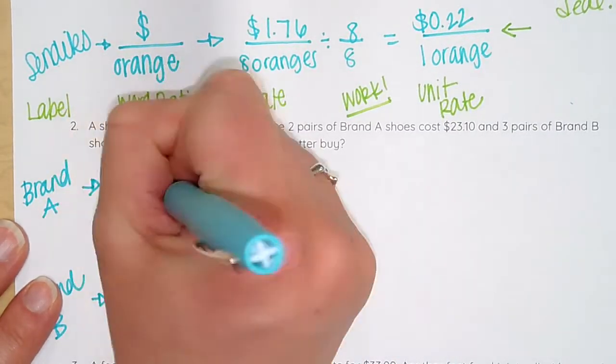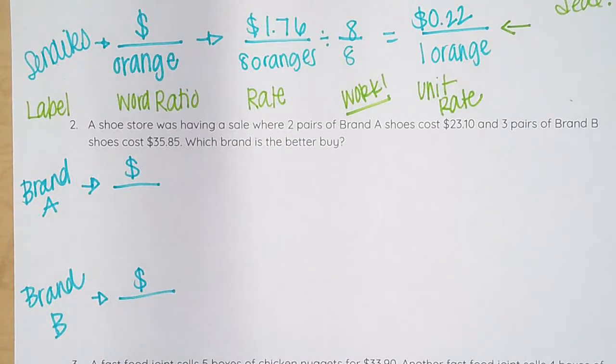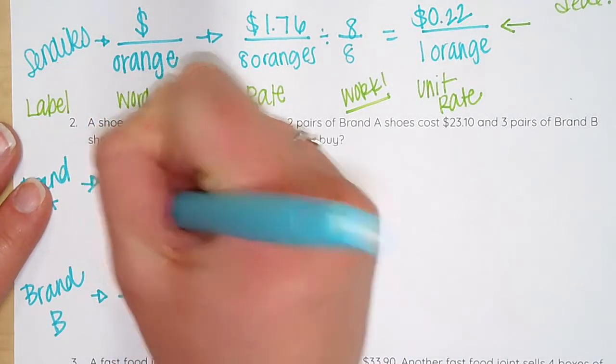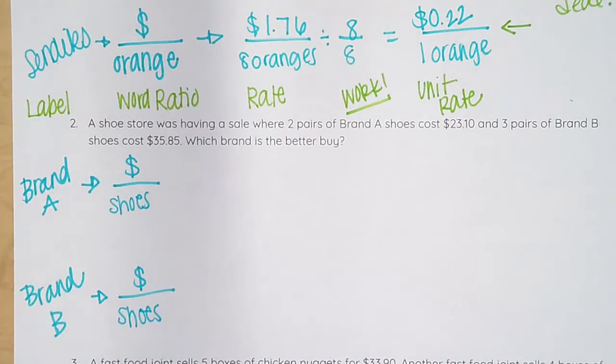What do we typically want on the top? Our money. We want money on the top because I don't want to know how much shoe I can buy for $1. It'd be part of a shoe. We can't buy part of a shoe. So we want the money on top so we can find out how much one unit costs, which is, in this case, shoes. All right.